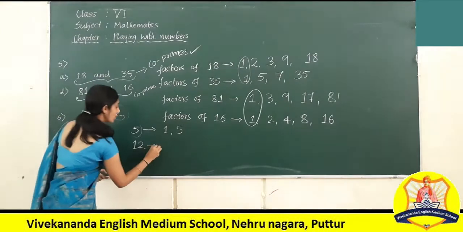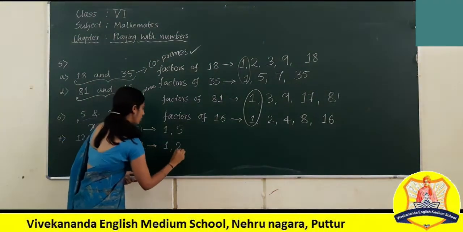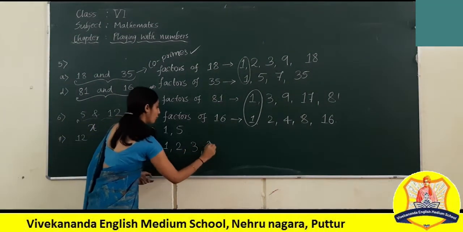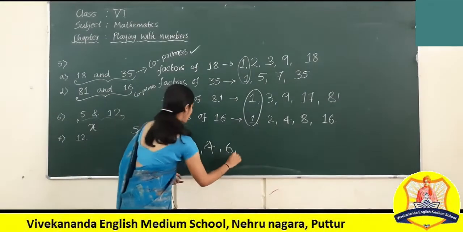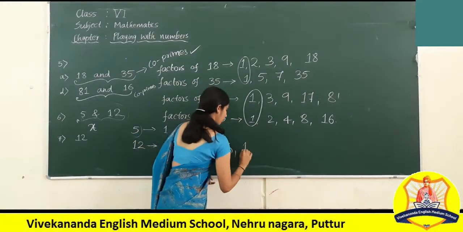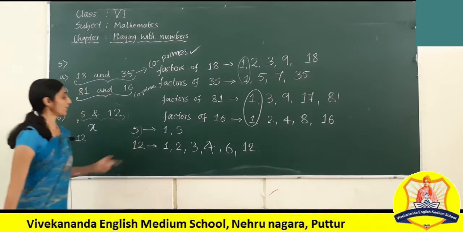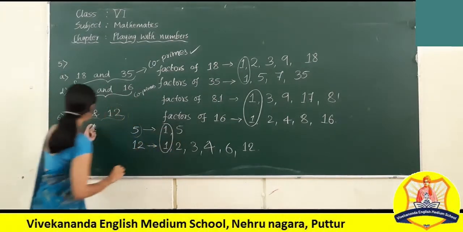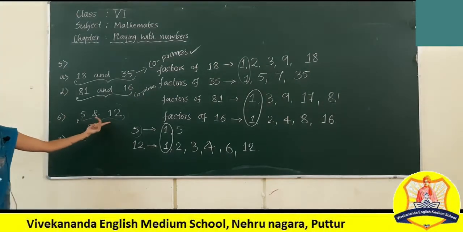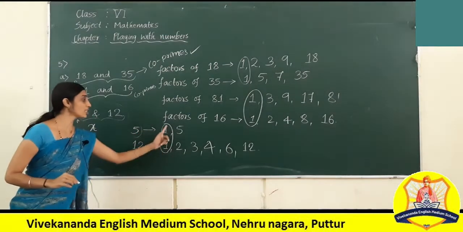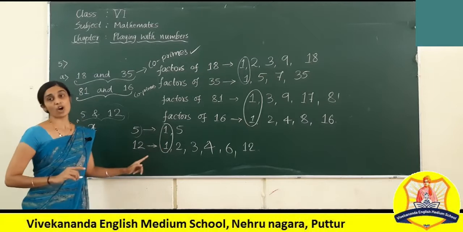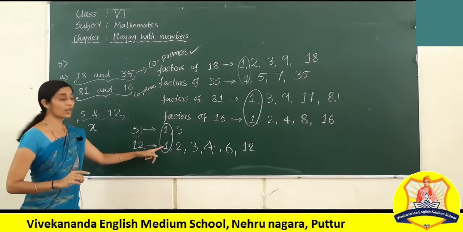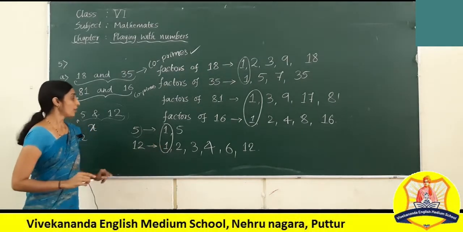Which are the factors of 12? 1, 2, 3, 4, 6, okay, 12. So these are the factors of 12. Whether the given pair is co-prime? Yes, obviously it is co-prime because only 1 is the common factor.